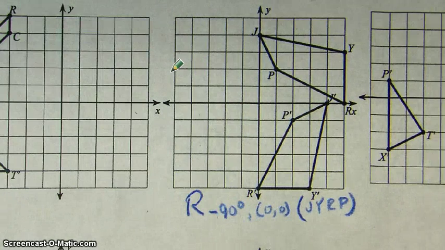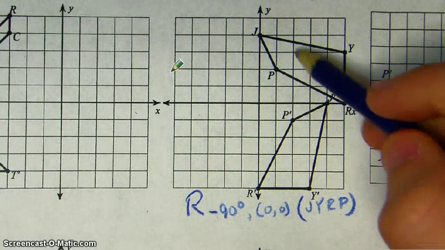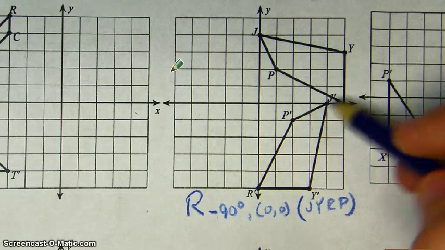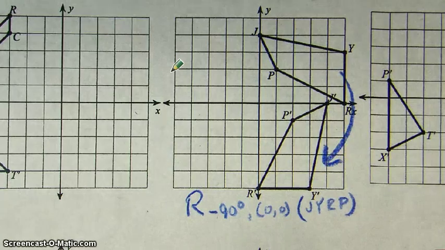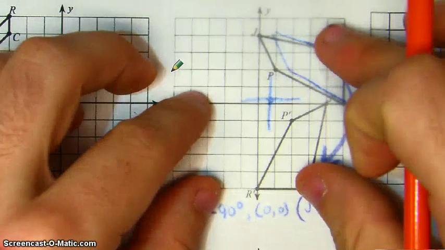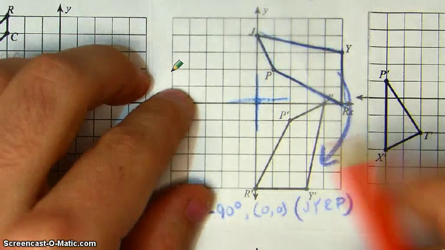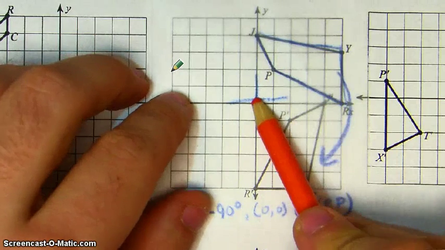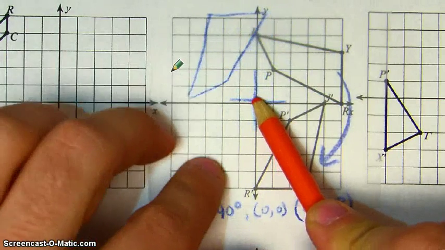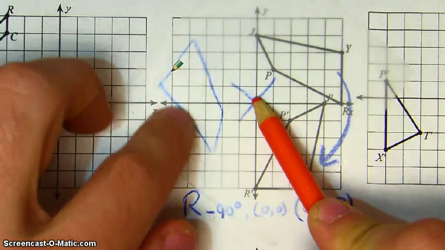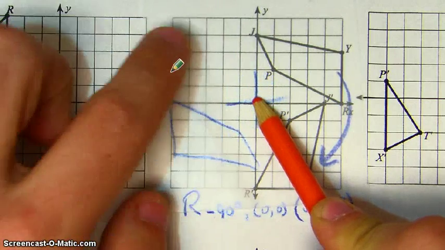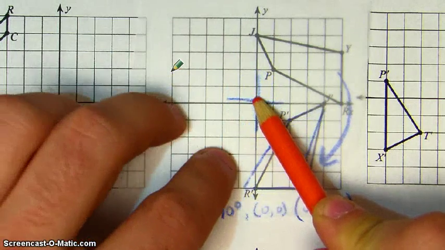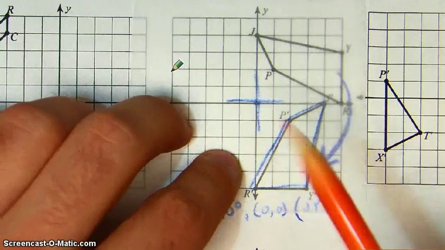Now there is another way to write this. Remember, when I rotated from my pre-image to my image, I moved 90 degrees clockwise. But what if I started here with my pre-image, I held my pencil down at 0, 0, and I rotated 90, then 180, then 270 degrees around the origin.